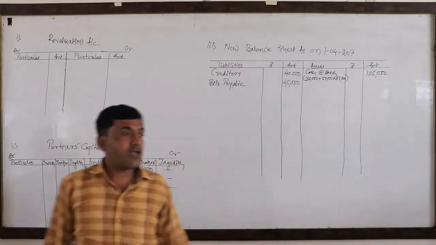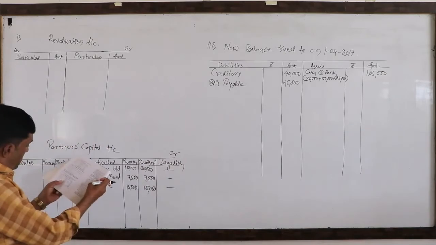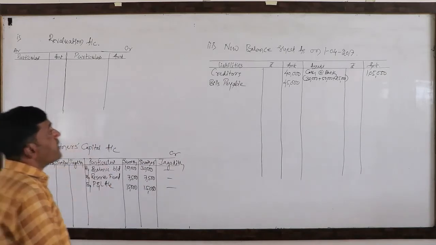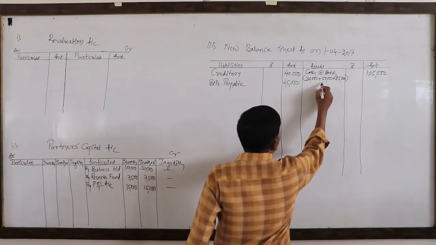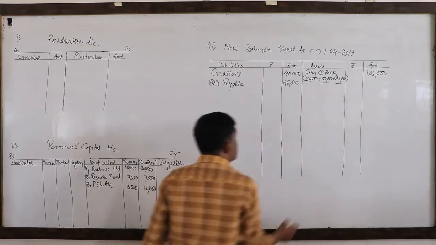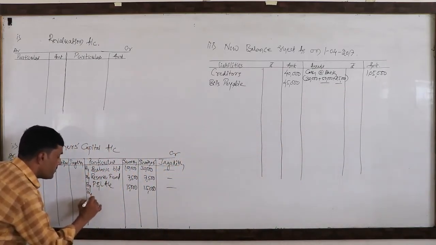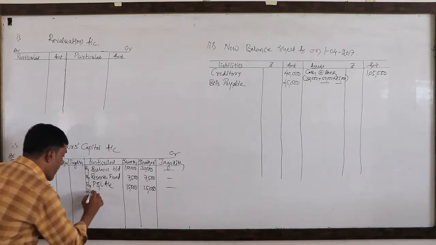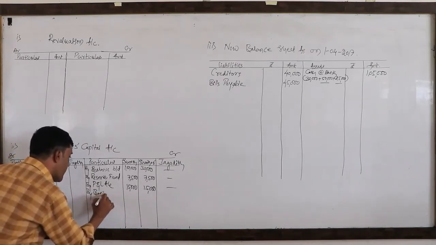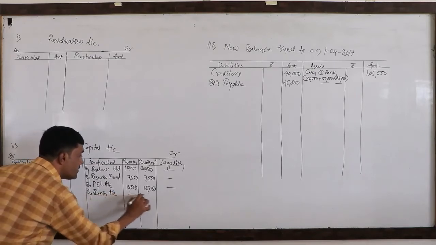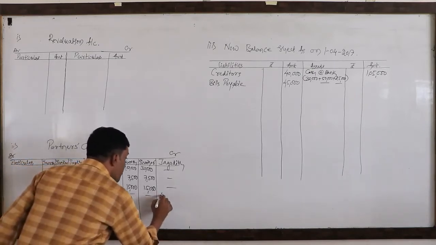Yes. So now we need to write this amount of rupees 50,000 and 25,000 in the capital account, by bank account. So 50,000 is the capital.